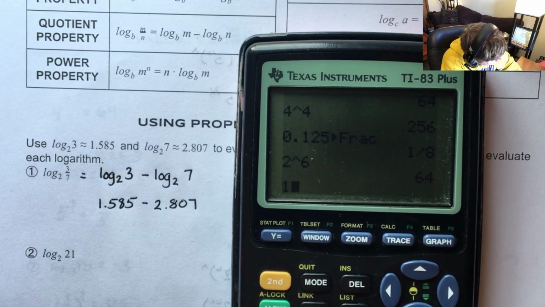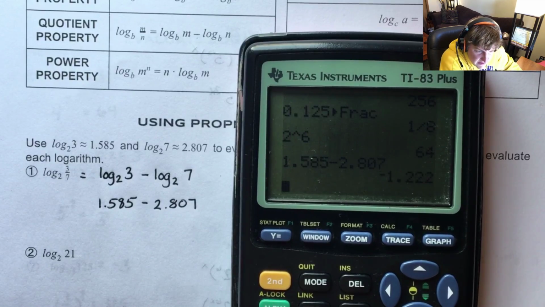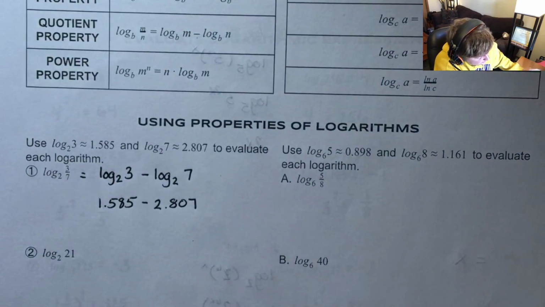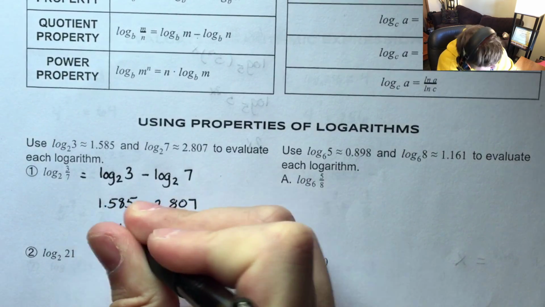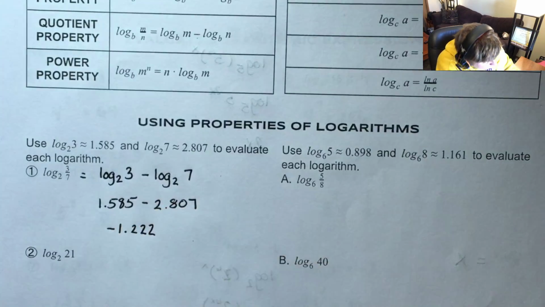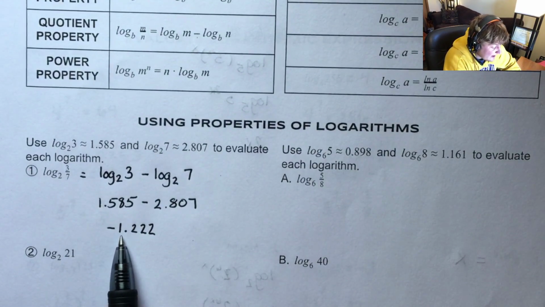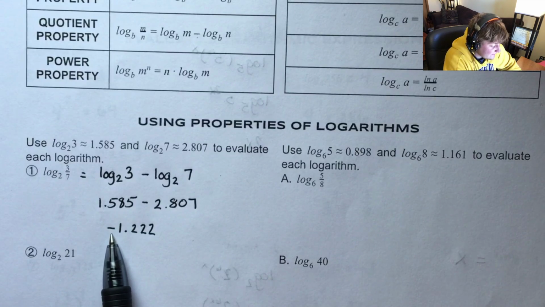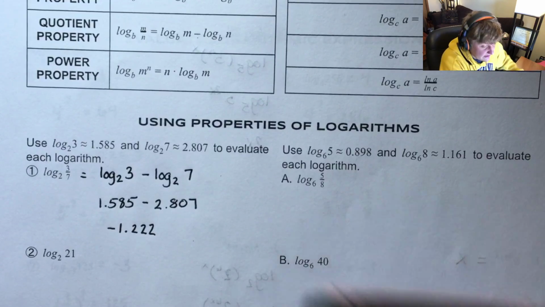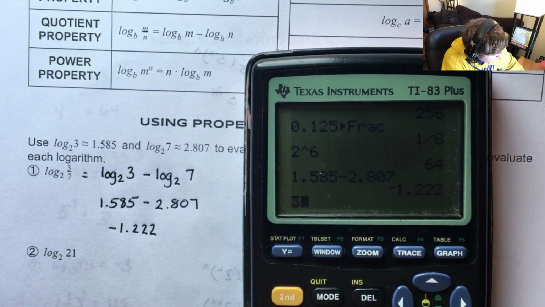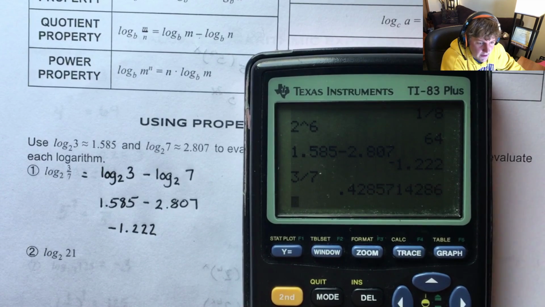And now all I have to do is subtract those numbers. 1.585, and I'm going to take away 2.807, and I'm going to get negative 1.222. And this is an approximation. But what does this mean? This means if I raise 2 to the negative 1.222 power, it's going to give me roughly 3/7. So let's actually see that happen. We know that 3/7 is about 0.429.